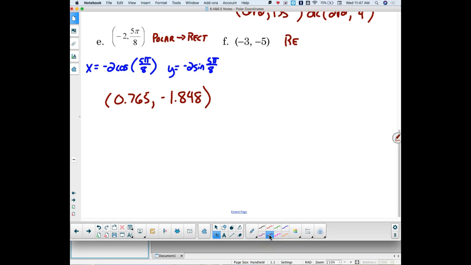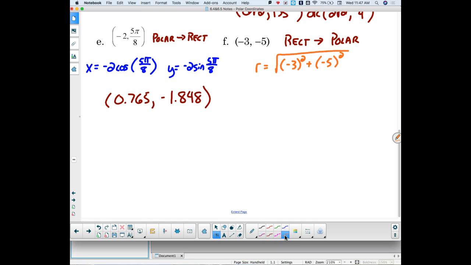Again, that one is, so now this is rectangular. And we want to go into polar. Okay. So R here is going to be the square root of -3 squared plus -5 squared.